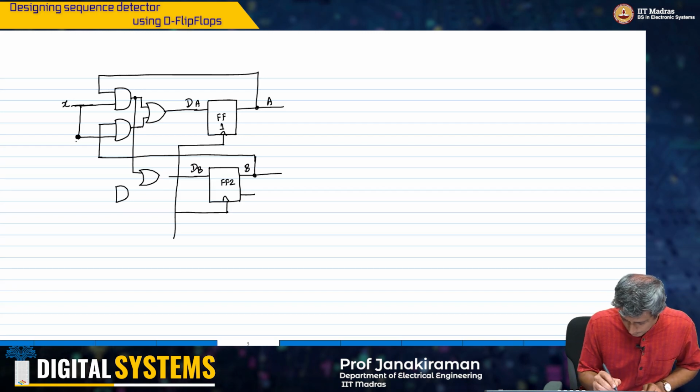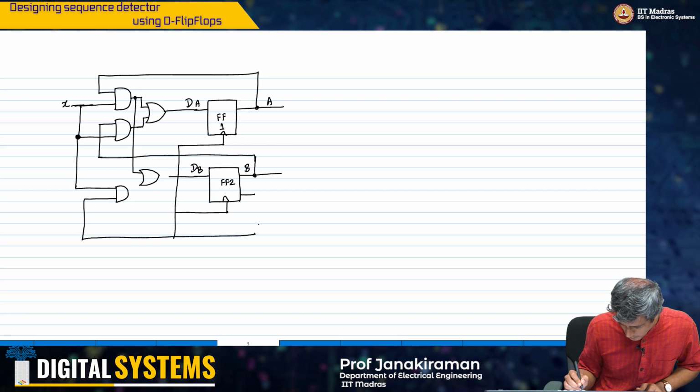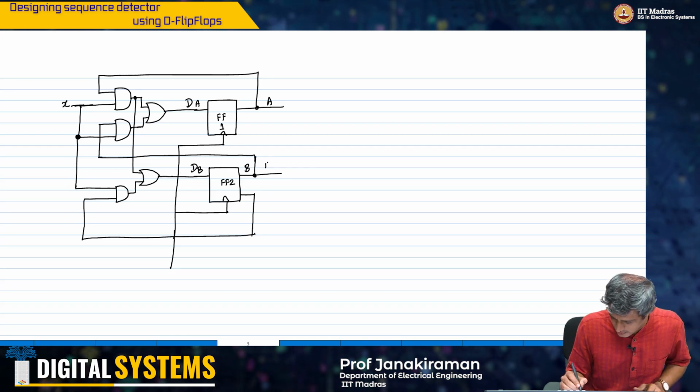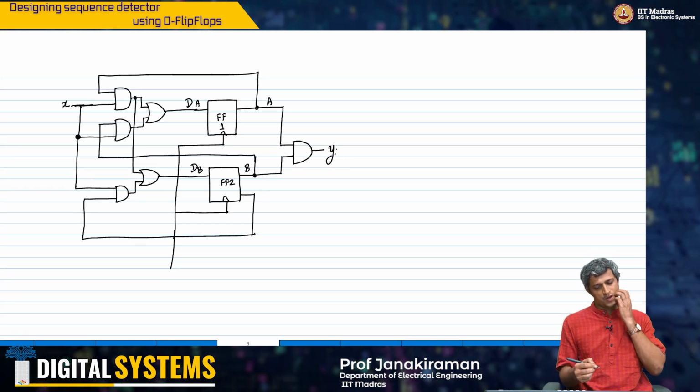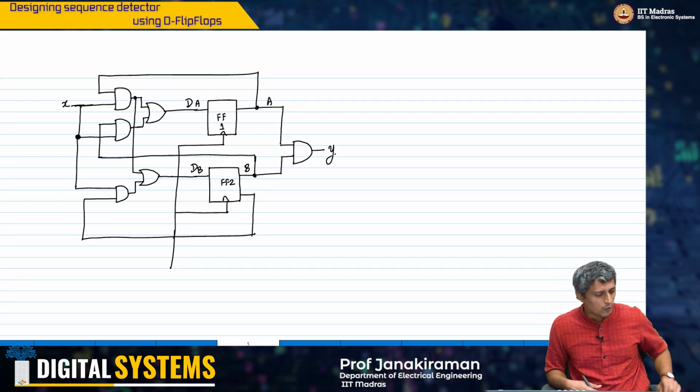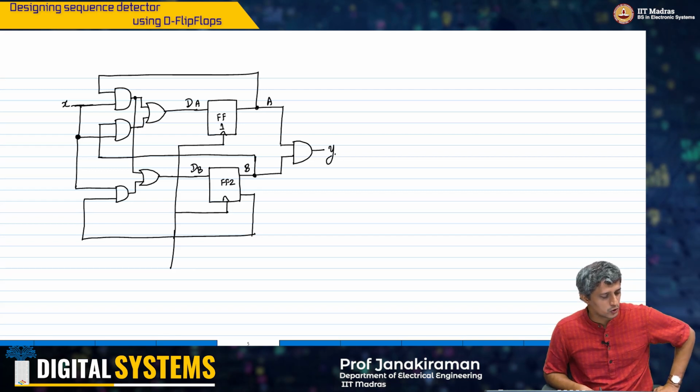Okay. And this is B. Finally, you go and add your AND gate here and you will get the output Y. So with that, we have been able to get the exact circuit implementation done for this whole thing.